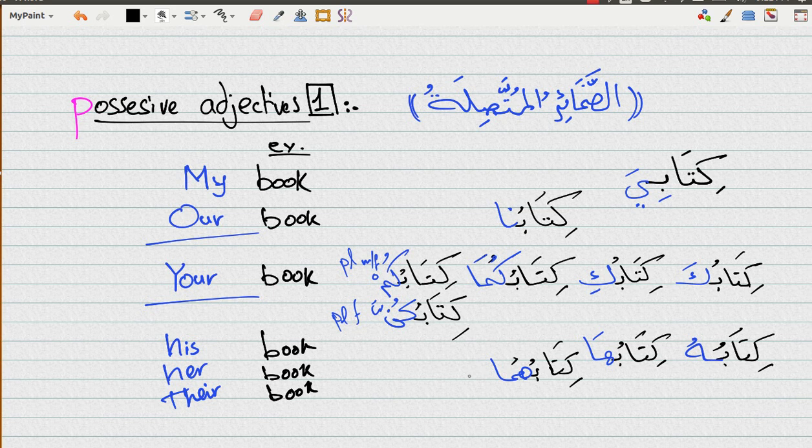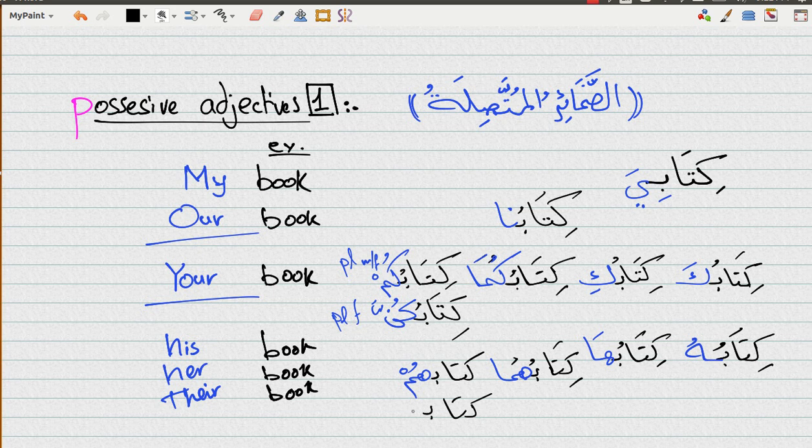Now if I'm going to say their book, but for three or more, kitabuhum. Here's kum, and for their it is hum, kitabuhum.